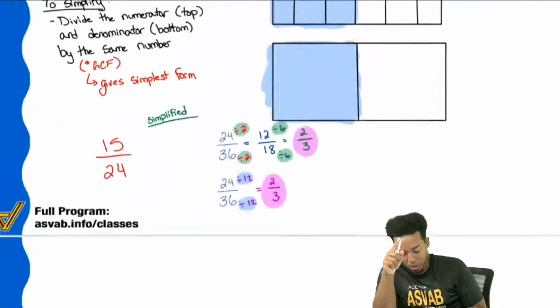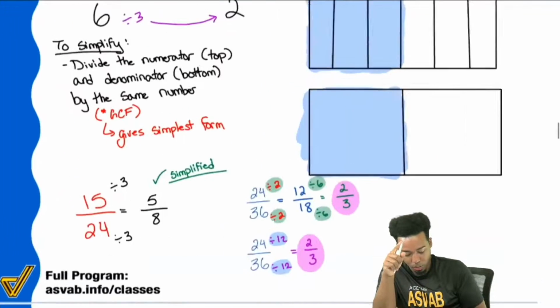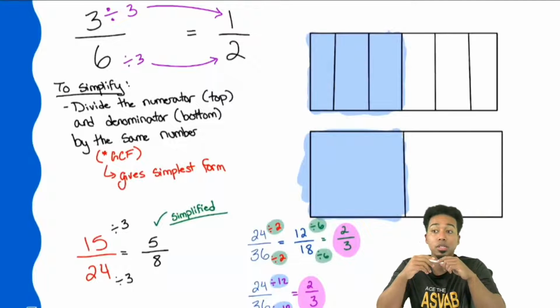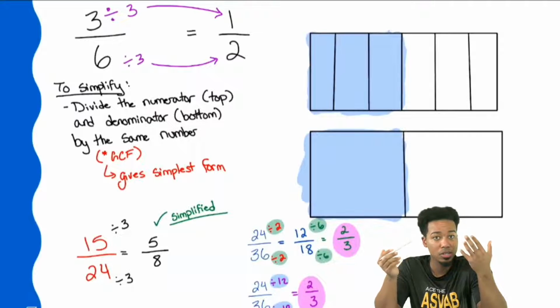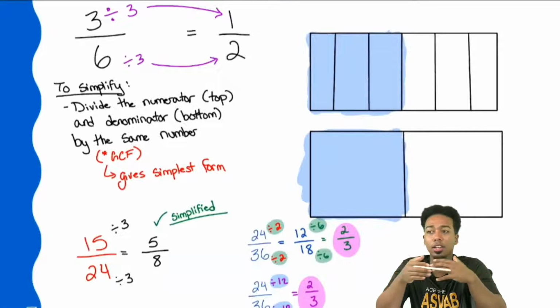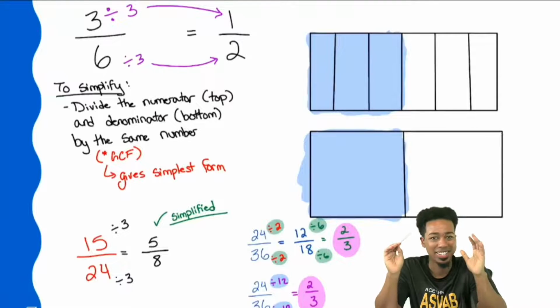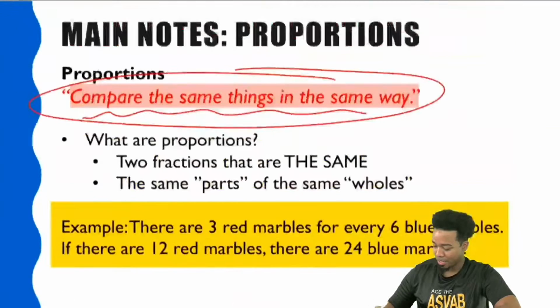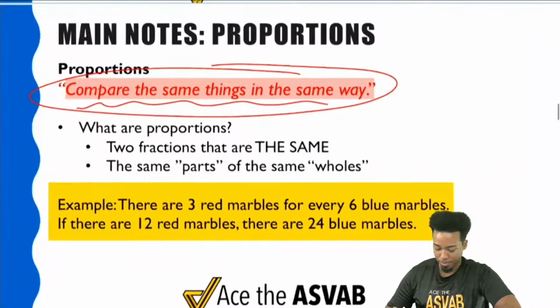So now here's what we are going to talk about: what a proportion is and how to solve it like an absolute madman. Okay, let me go back over here to the main notes.